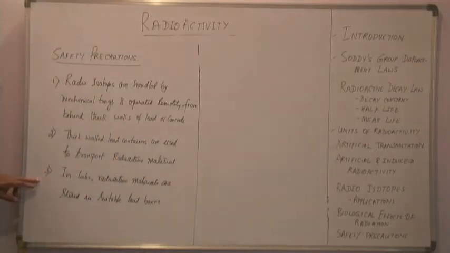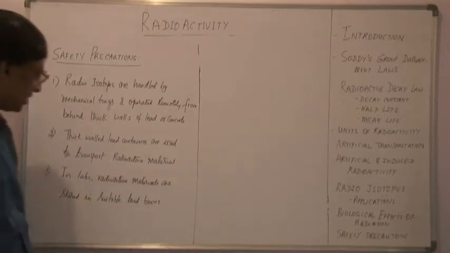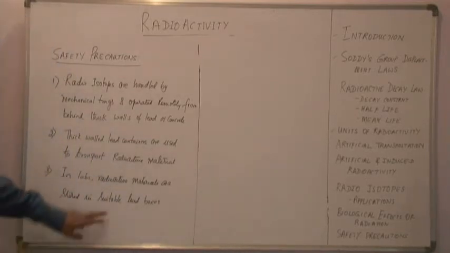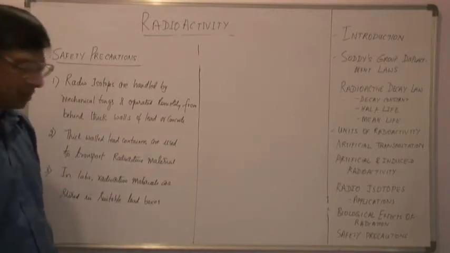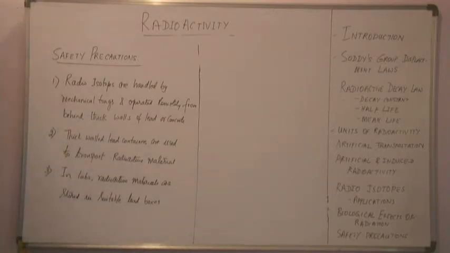Now the third aspect here is, in laboratories, radioactive materials are always stored in suitable lead boxes to prevent radiation from affecting individuals surrounding the material. So these are some of the precautionary measures that one is taking at this time to prevent radiation from affecting us.